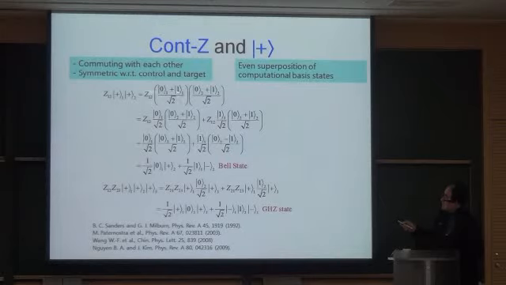Then if we operate this control Z, when the control is 0, you do nothing on the second one. But when the control is 1, you change the sign, plus to minus. So this is 0 and plus, and this is 1 and minus. And this is an entangled state, the so-called Bell state. And if you do this once more, then you can prepare a three qubit entangled state called the Greenberger-Horne-Zeilinger state, the GHZ state.